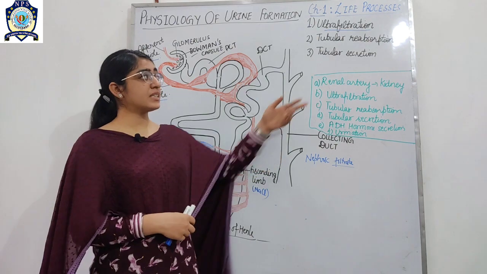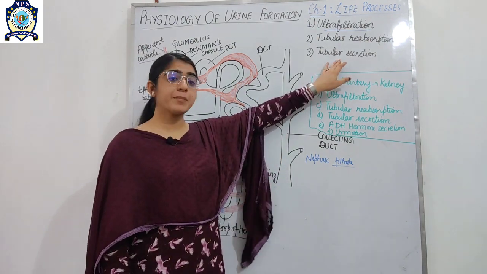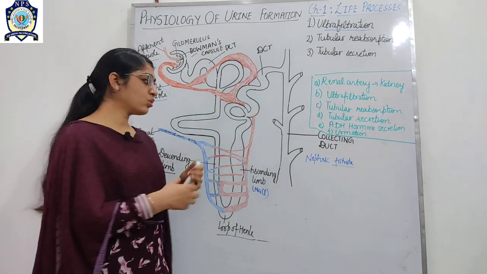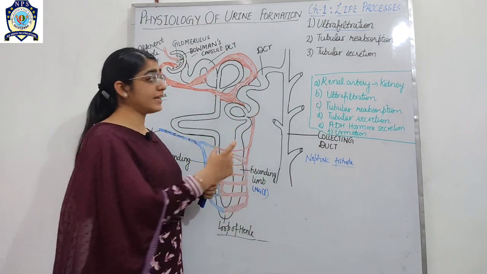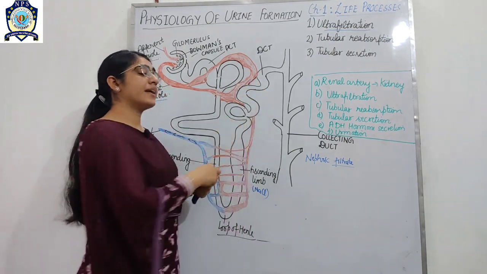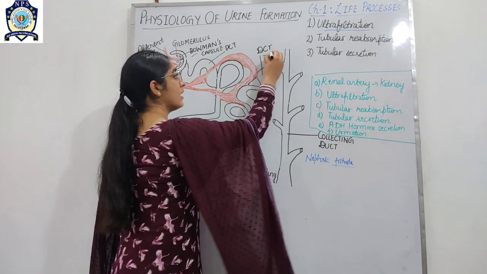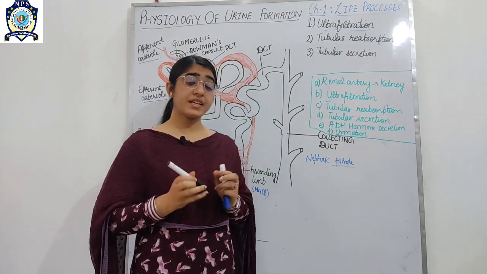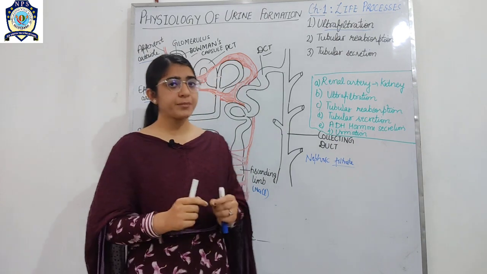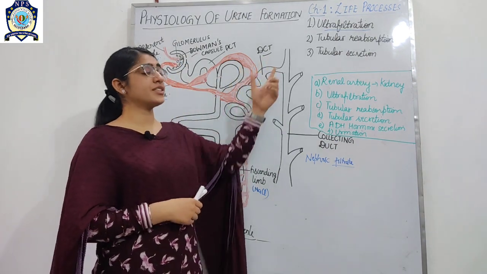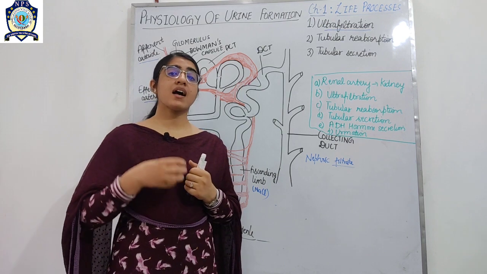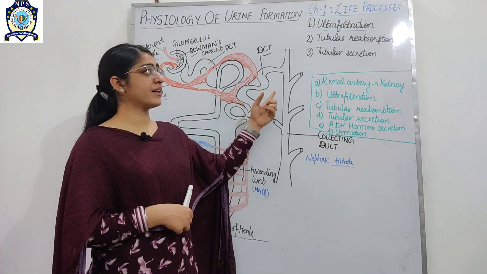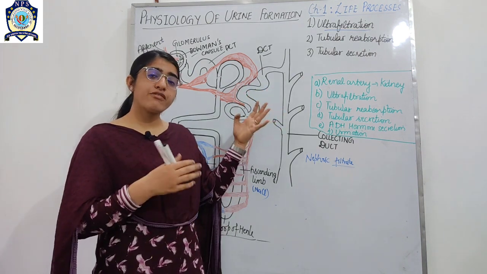Now what happens in the third step, which is tubular secretion? The nitrogenous waste comes into another tube, which is called the DCT, the distal convoluted tubule. The distal convoluted tubule helps in the secretion of the waste, or you can say here urine is formed.